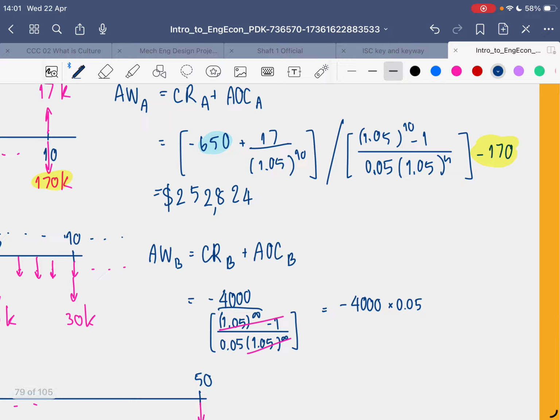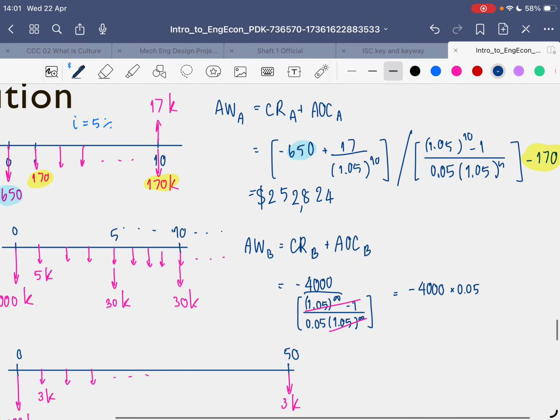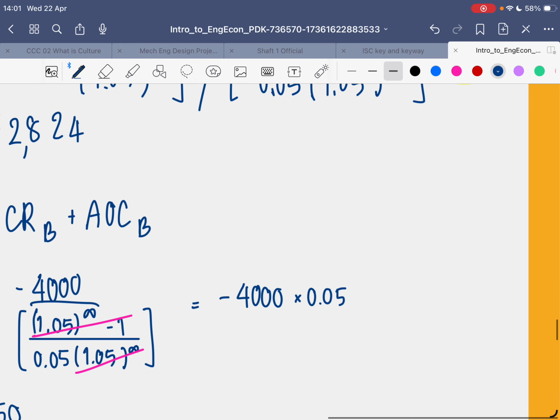Then the AOC of option B has two terms, right? You have minus 5K that's given in the description, and you have another 30,000 from the description that happens every 5 years.